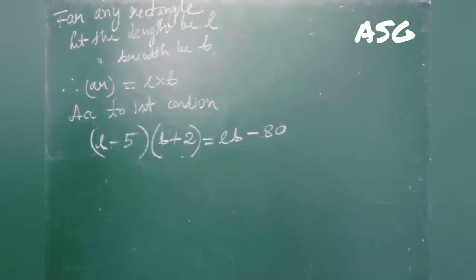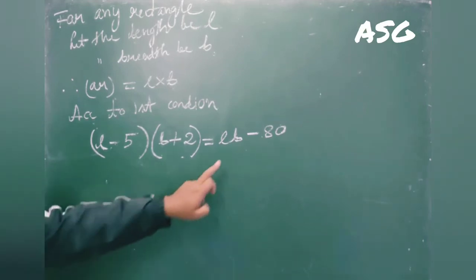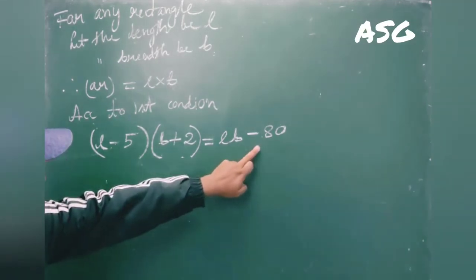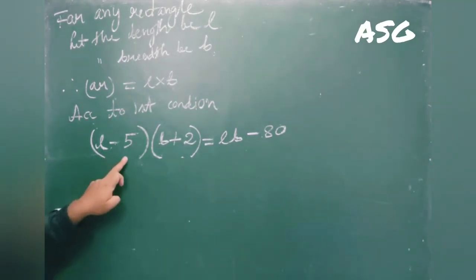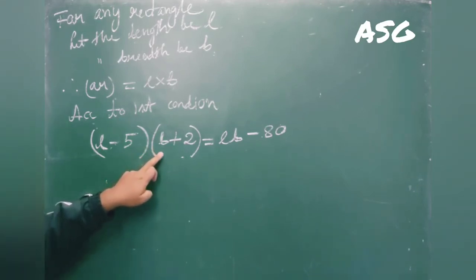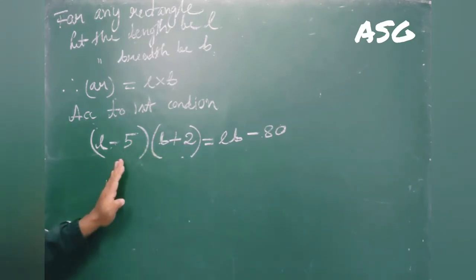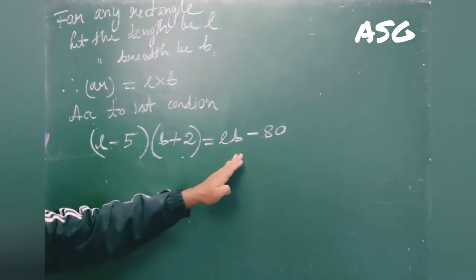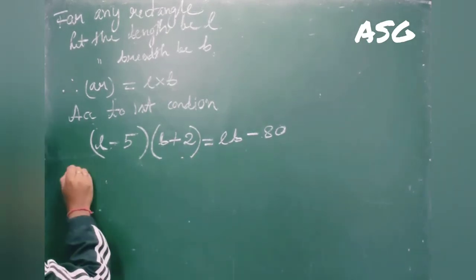Again, let me explain. According to the sentence, the area of a rectangle is reduced by 80 square units if its length is reduced by 5 units and the breadth is increased by 2 units. So (L minus 5) into (B plus 2). Now we will multiply this.